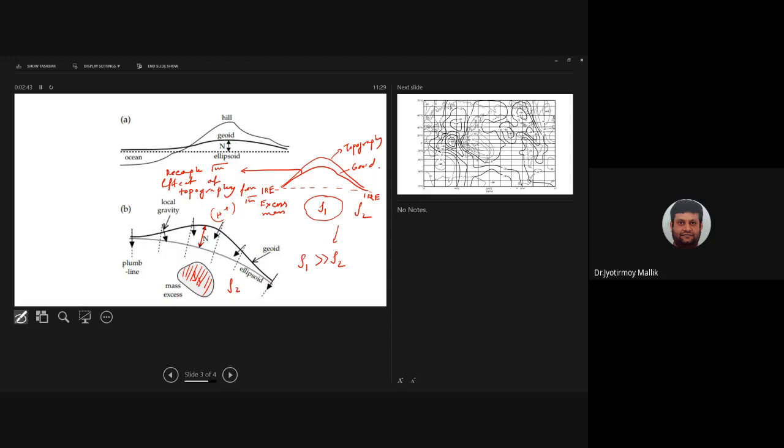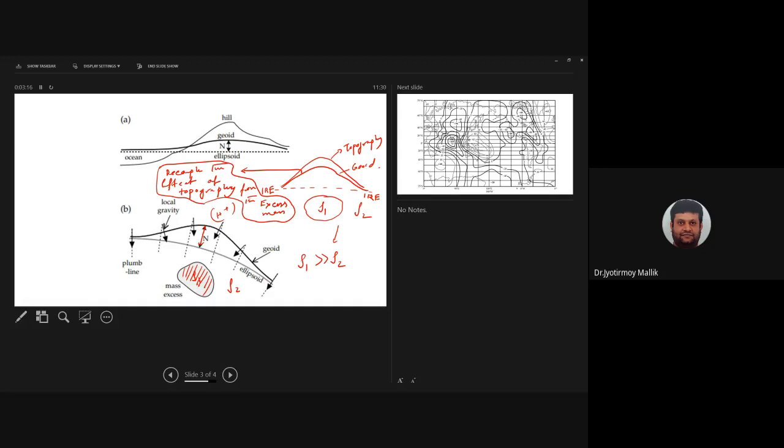And this is a fairly important step that we will understand. When we see that the geoid is pushed up because of the presence of both topography and mass, or pushed down because of the presence of a negative topography and deficit of mass, how do we actually decouple the effect?